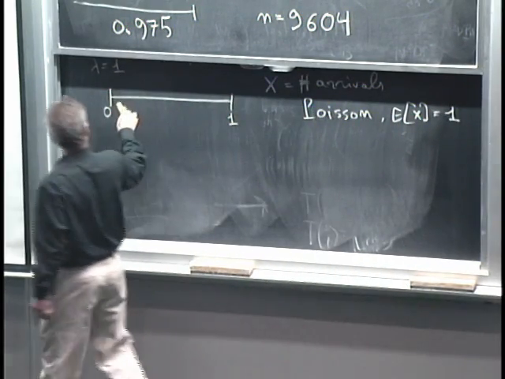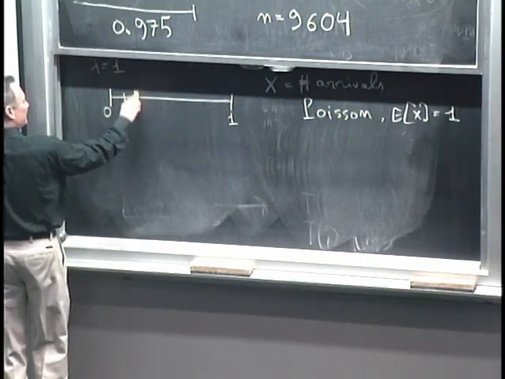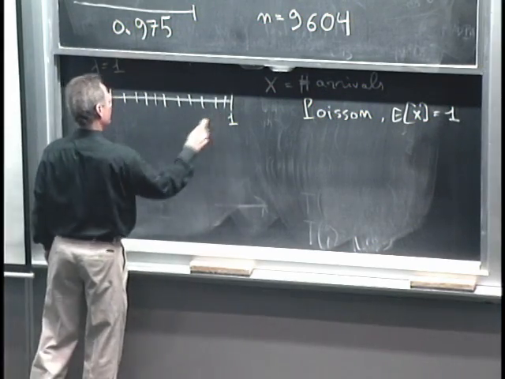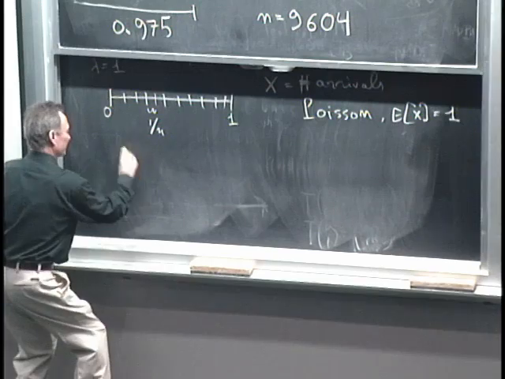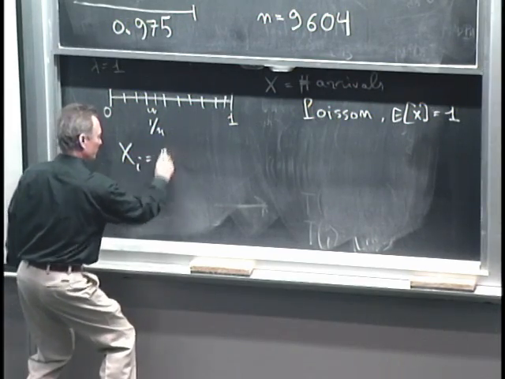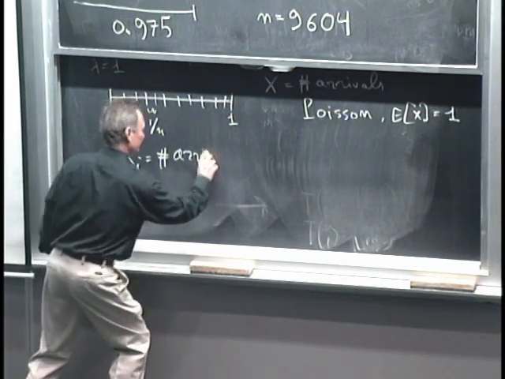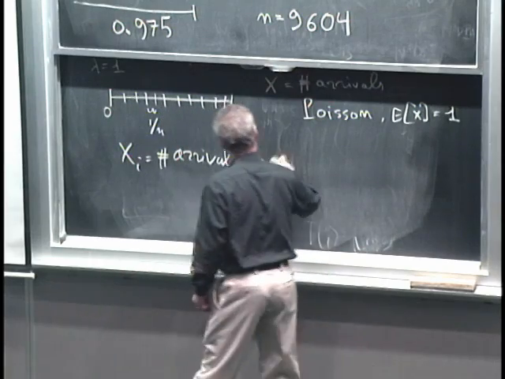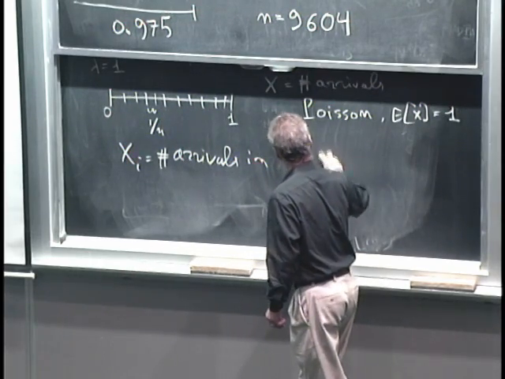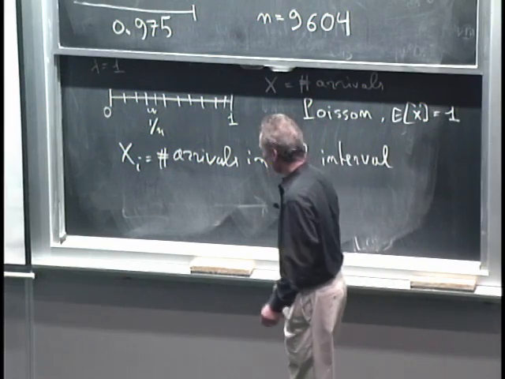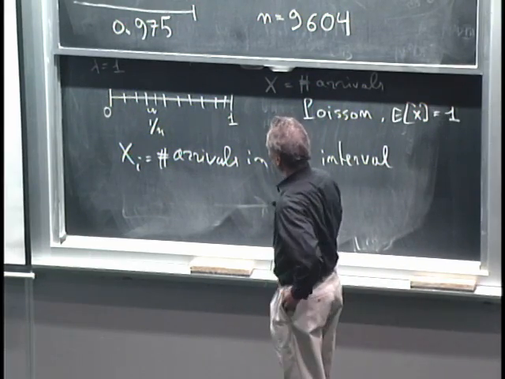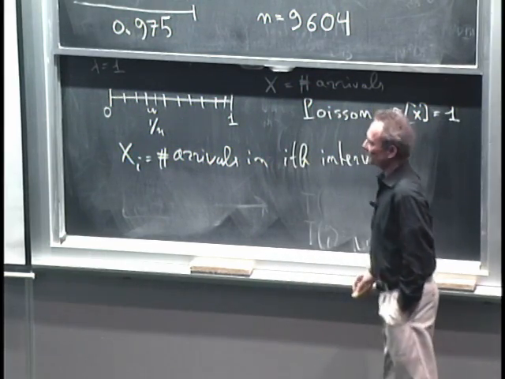Now let me take this interval and divide it into n little pieces. So each piece has length 1 over n. And let xi be the number of arrivals during the ith little interval. Okay, what do we know about the random variables xi?